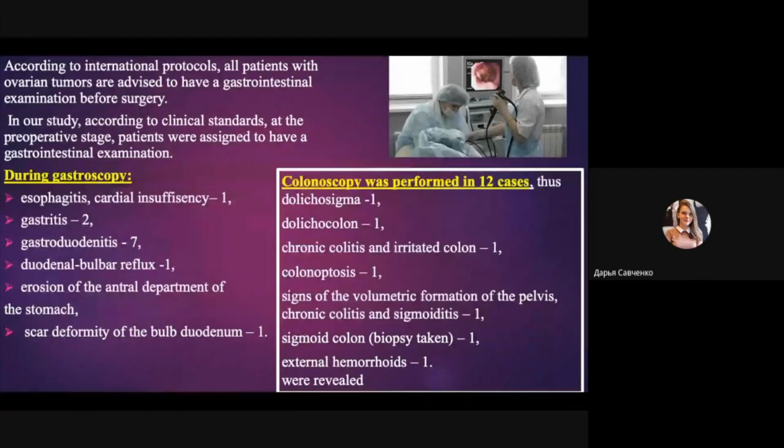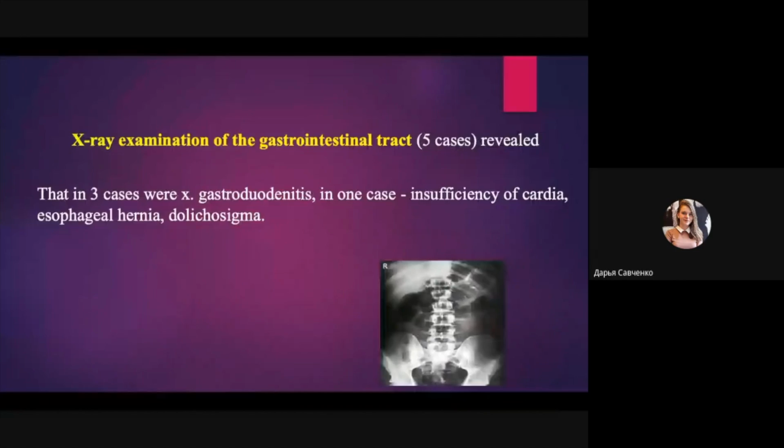Colonoscopy was performed in 12 cases, and we found dolichosigma, dolichocolon, chronic colitis, and irradiated colon, and other pathology. X-ray examination of the gastrointestinal tract revealed that in 3 cases there was gastroduodenitis, in 1 case insufficiency of cardia, esophageal hernia, and dolichosigma.